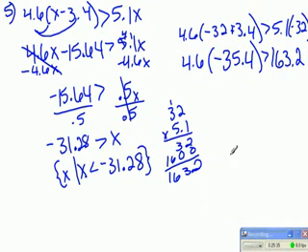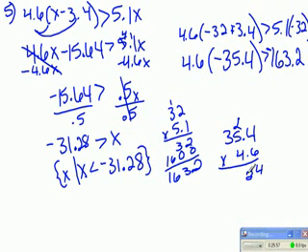On this side, I again need to do the multiplication because I don't know that. I do know both of them are going to be negatives. This is a negative. And I have 35.4 times 4.6. 6 times 4 is 24. 5 times 6 is 30, plus 2 is 32. 3 times 6 is 18, plus 3 is 21.